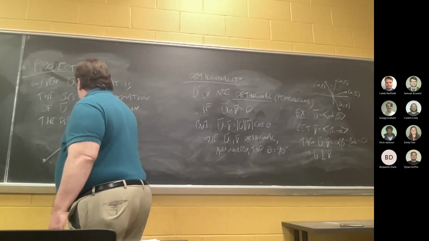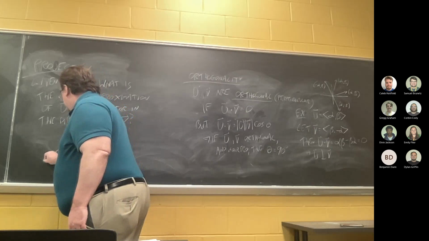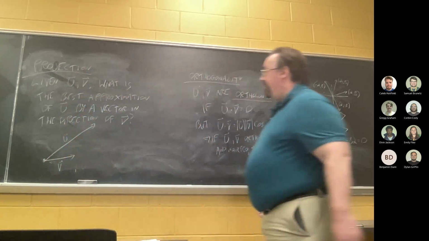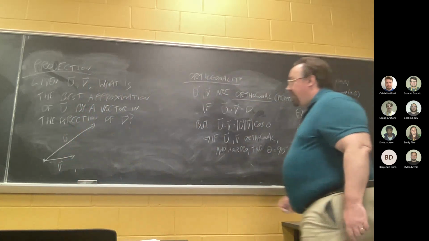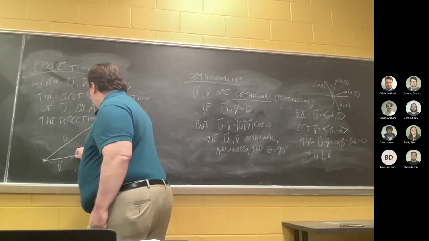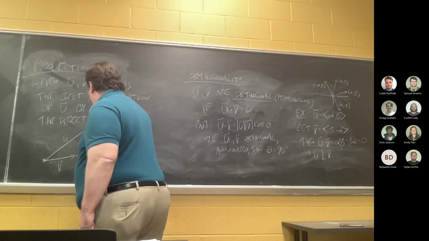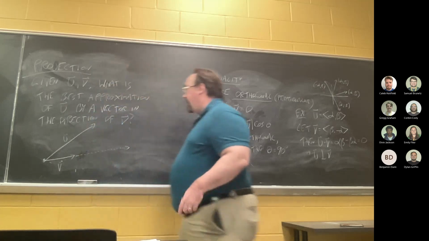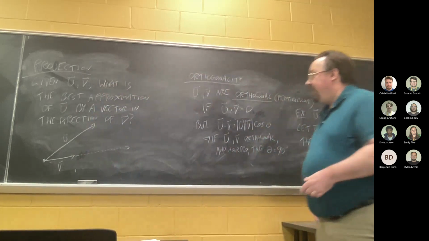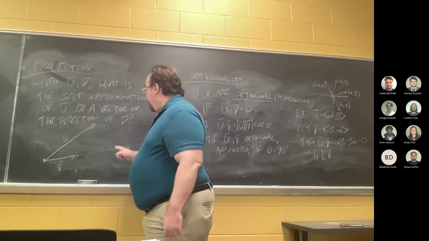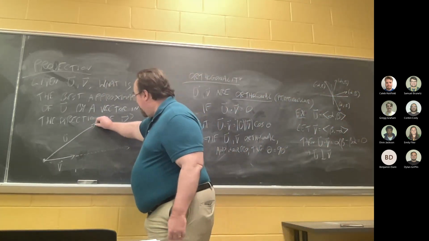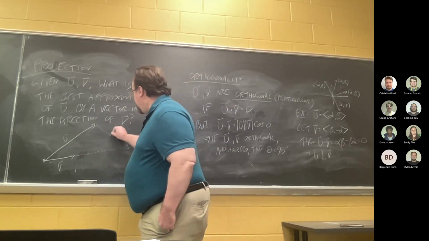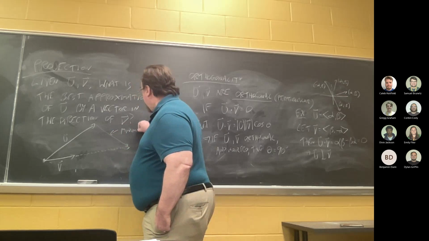So here's u. Then here's v. The idea is I want some vector that's in the same direction as v, so in other words, it's going to be a multiple of v, such that the distance is as small as possible.